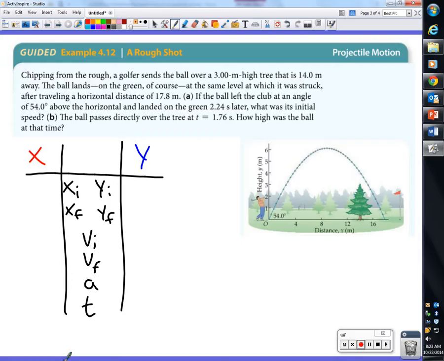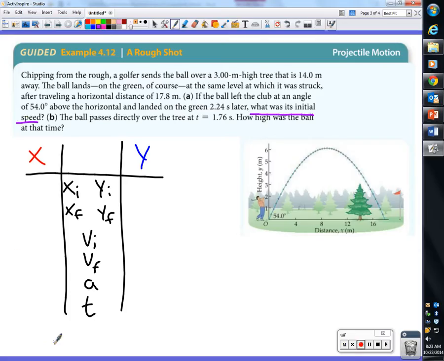Okay? First, what is this question asking us to solve for? Let's go part A. Initial speed, right? What was its initial speed?